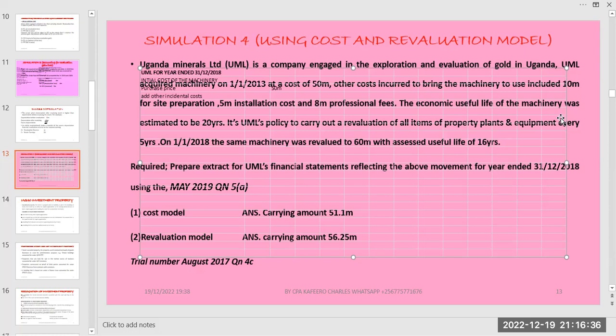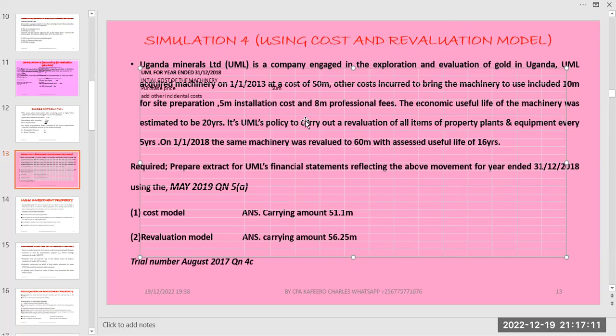First compare: if I'm not incurring this cost, will I be able to have this asset functioning? If the answer is yes, then we are not supposed to include that cost. If that cost is not incurred, the asset will not operate. So all those costs are going to be accumulated, and we capitalize them to the purchase price that was paid.